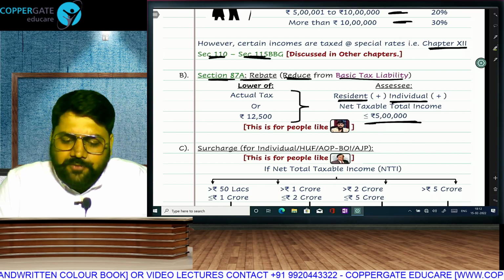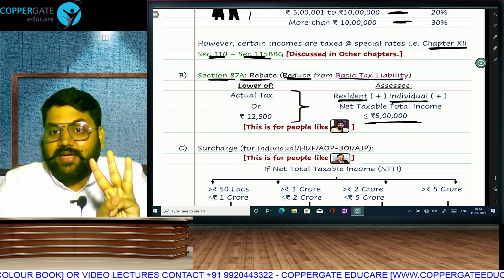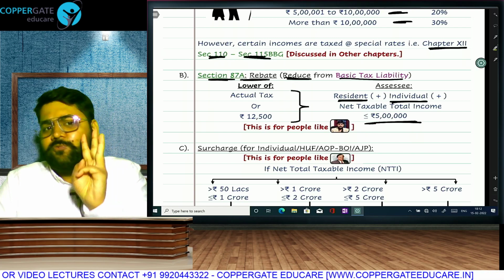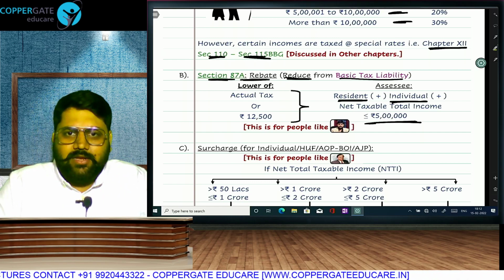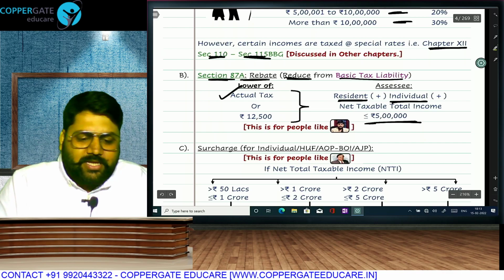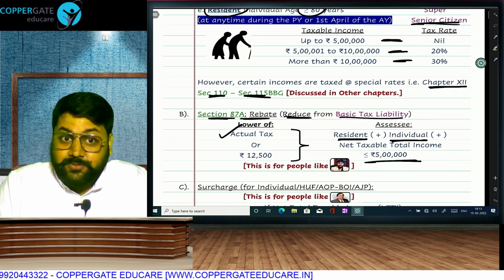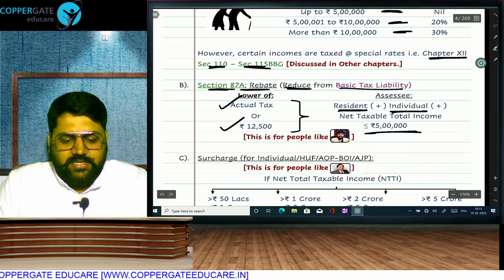Okay, so if you are a resident individual, income up to 5 lakhs, less than or equal to 5 lakhs, not exceeding 5 lakhs, anything you say, all are right, then you will get a rebate. Rebate of your actual tax. Actual tax you will be calculating as per these slabs. It can be normal, it can be special also, whichever, or 12,500, whichever is lower.